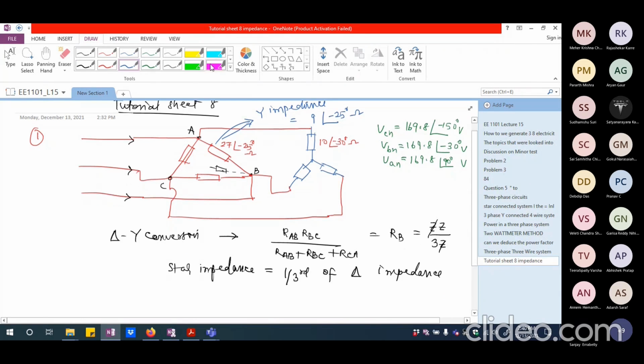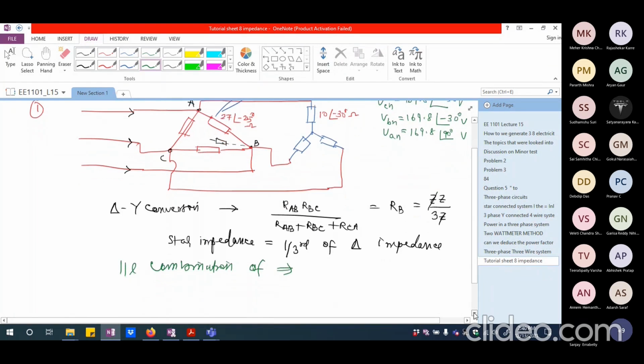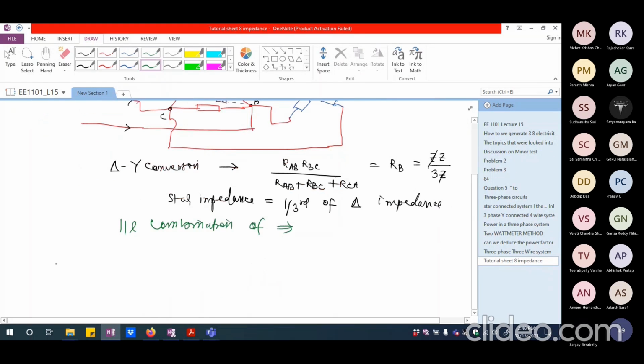Okay, so now I have to take the parallel combination of these two star impedances. I can think as though these are the three lines, and I'm going to connect one star connected load, which is from the delta that I have converted into star.